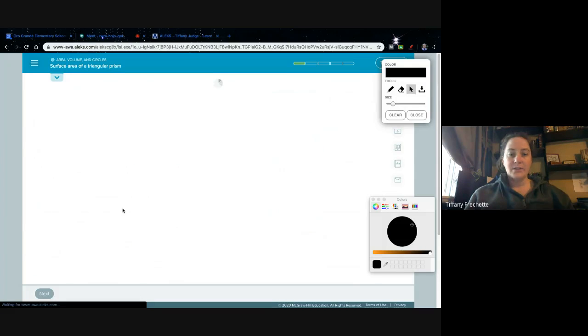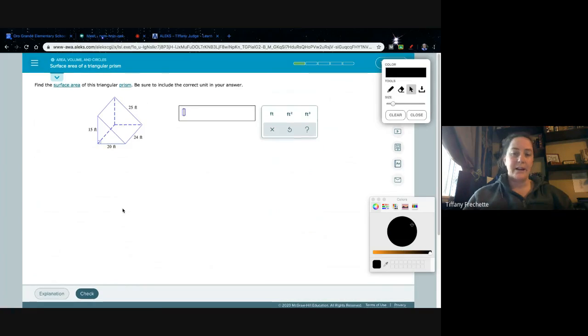Go next. So this is one of those ones that, I mean, I always get the question, when am I ever going to use this in my life? And this is one of those ones, finding surface area really is helpful. I know a lot of students who've tried to make skateboarding ramps or something like that. Well, you kind of need to know how much material you need. In order to know how much material you need, you have to know how to calculate area.